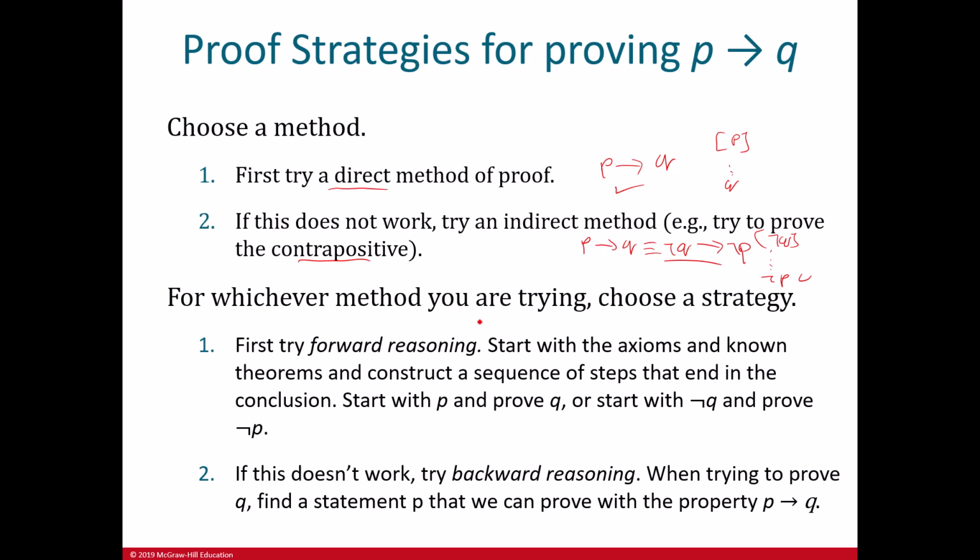Sometimes a good idea is to use an axiom, that is, a rule that we talked about, or some definition and so on. We try assuming P and arriving at Q, or maybe assuming not Q and arriving at not P. And sometimes we try backward reasoning. Remember in class, we did one example.